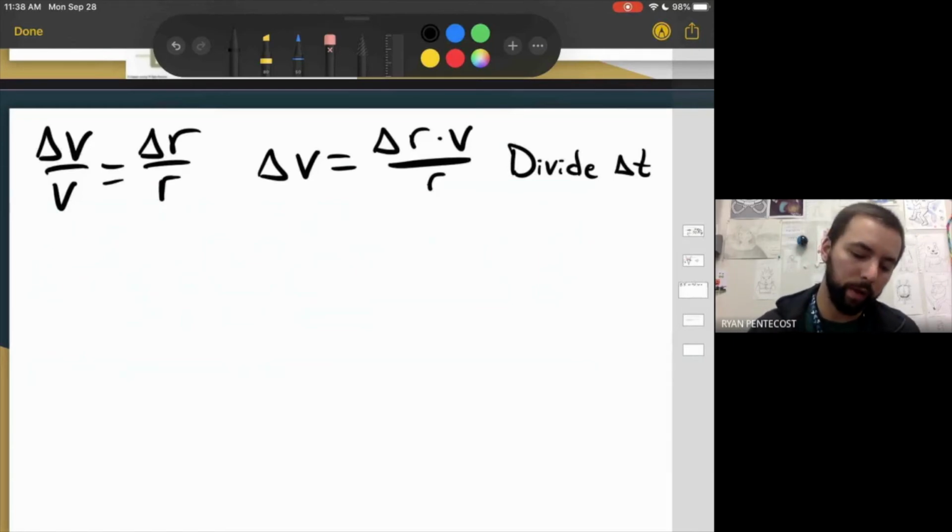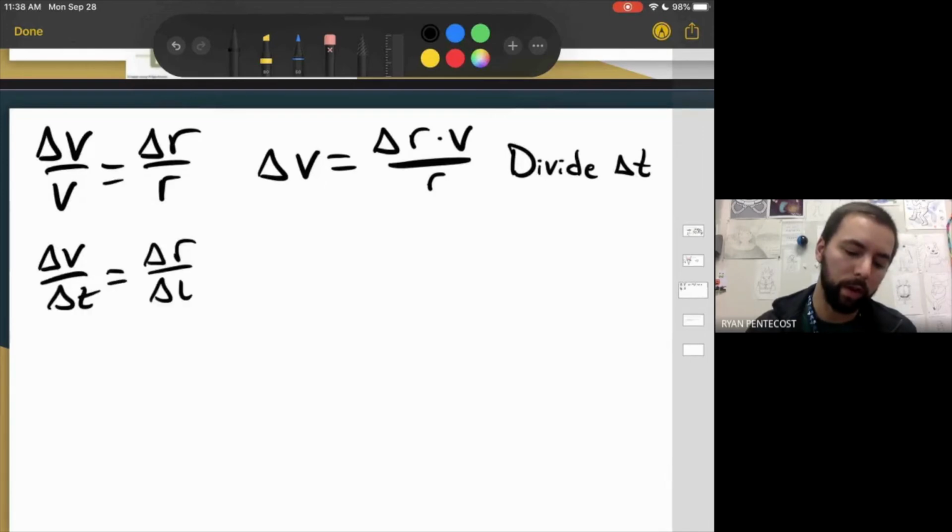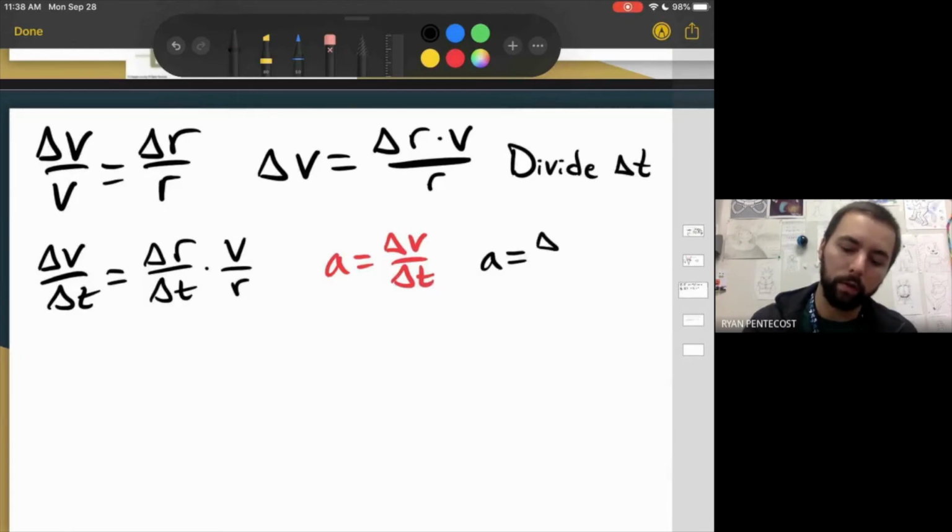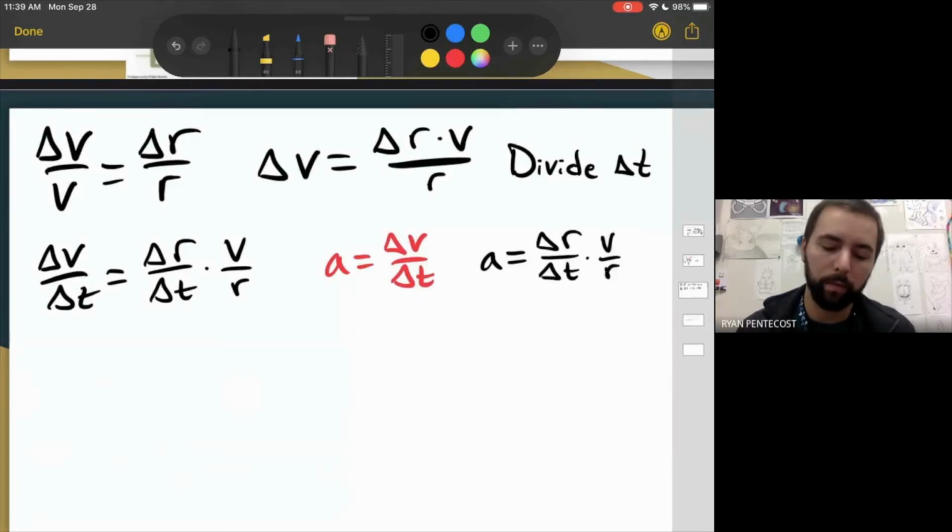So if we have delta V over delta T, this could equal delta R over delta T times V over R. So let's say that acceleration equals delta V over delta T. We can say that acceleration equals delta R over delta T times V over R, right? This isn't something totally new to you guys, so we didn't make leaps and bounds, right?